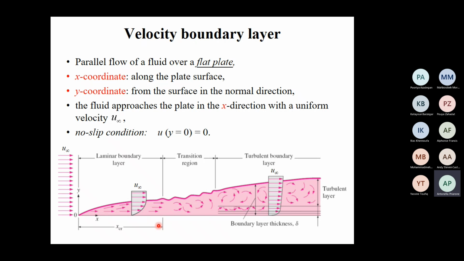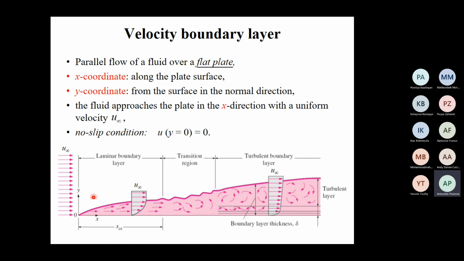I said that we have two zones. A zone in which the velocity changes from the zero value on the plate due to the no-slip condition to the zone in which I have undisturbed condition, U infinite. Okay, so I can define a zone that I call boundary layer for which I have this change of velocity.